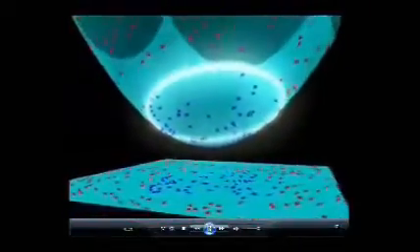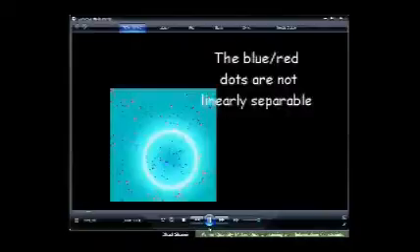Now notice that in 3-dimensional space, the red dots and the blue dots are linearly separable by a plane. And after you learn this plane and you go back to your primal space and see how the decision boundary looks like, then your very linear plane in 3 dimensions turned into a nonlinear circle in 2 dimensions. So this is the basic idea.